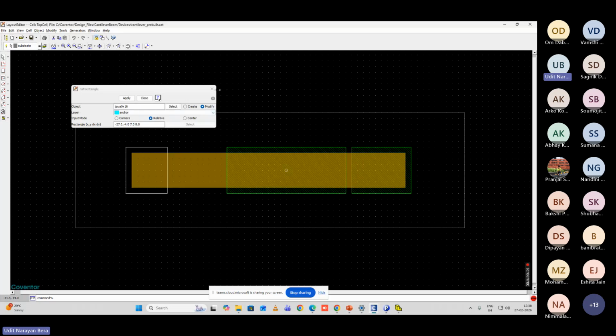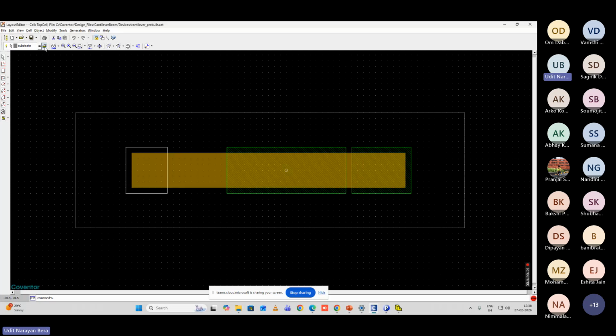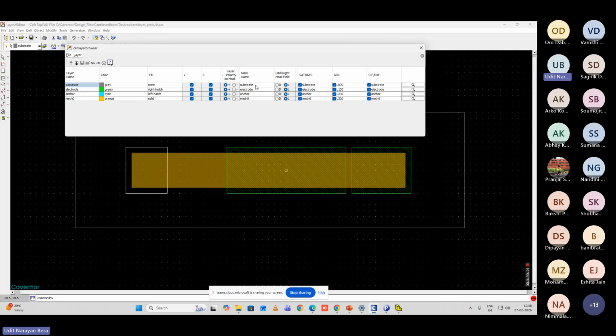Let me show you how the photoresist and the mask are there. There are substrate, electrode, anchor, make zero. These are the masks we have used for different purposes. The yellow one is for our cantilever, that is make zero. You can see the photoresist is plus.